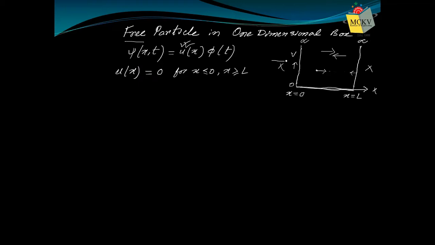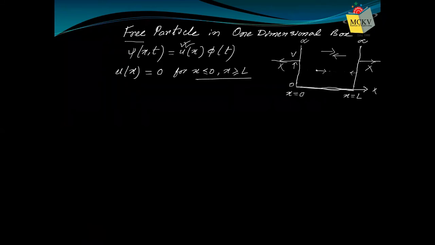From this point onward in this direction and from this point onward in this direction, u is 0. Why? Because, as we have already said, the particle is only within the box. Outside the box, there is no existence of the particle. Therefore, the wave function associated with the particle must be 0.